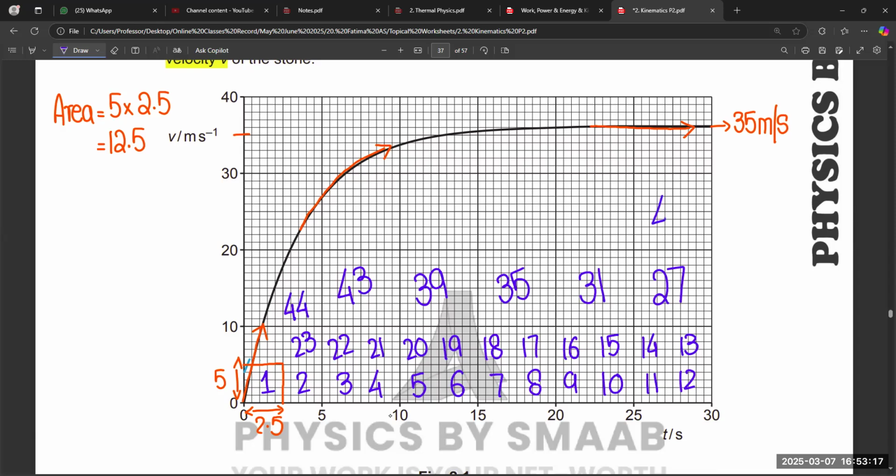Then plus 4, 48, plus 4, 52, plus 4, 56, plus 4, 60, 61, 62, 63, 64, 65, 66, 67, 68, 69, 70.